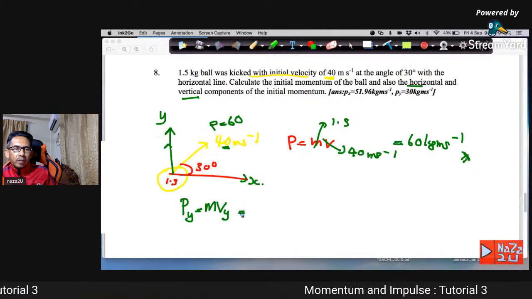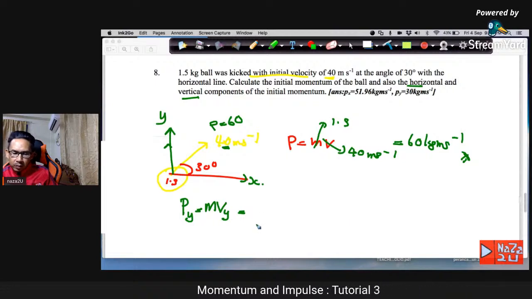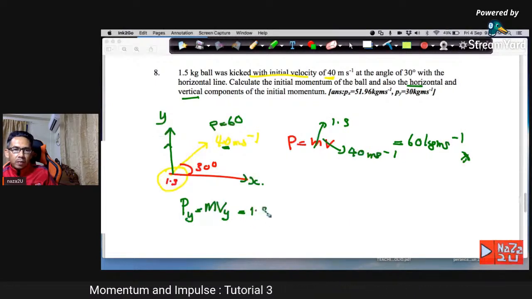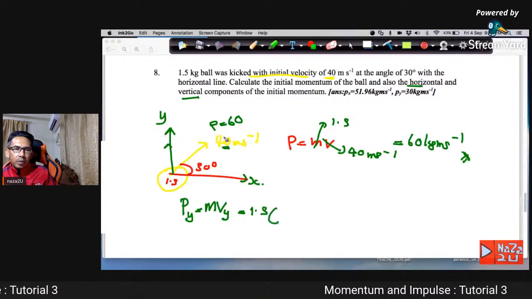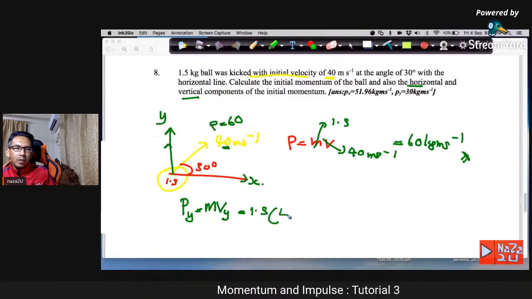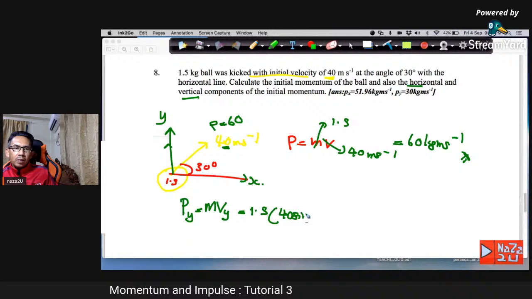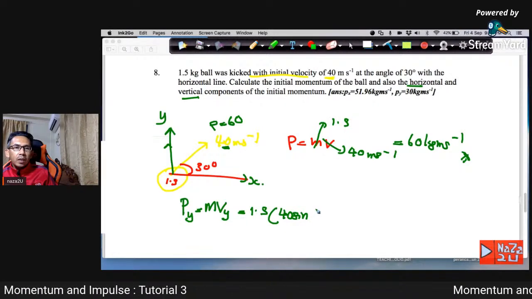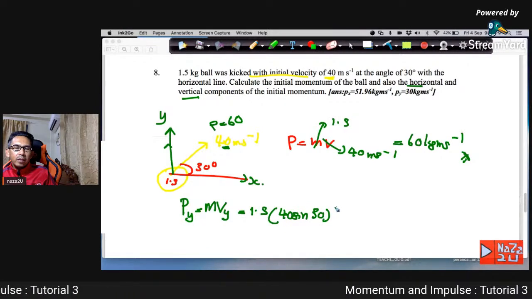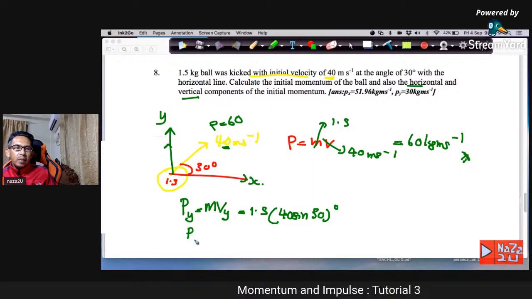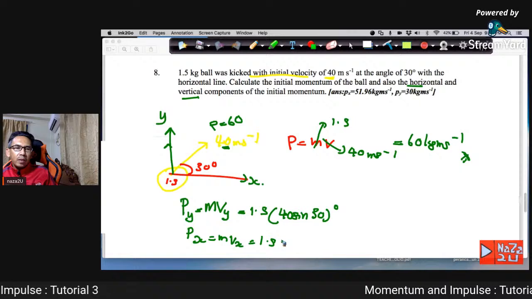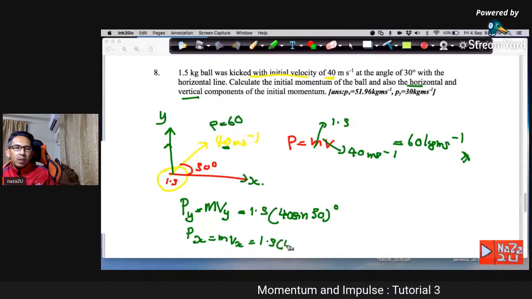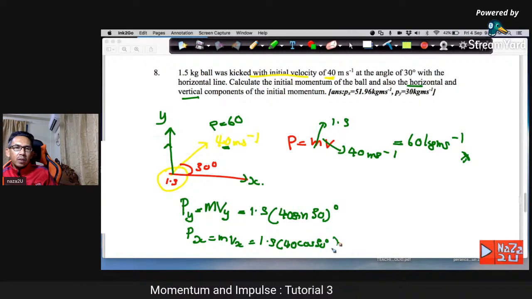So the mass is 1.5, and Vy resolves 40 to the y-axis, so we use 40 sin 30, right? And Px is equal to mass times Vx. This is 1.5 times 40 cos 30.